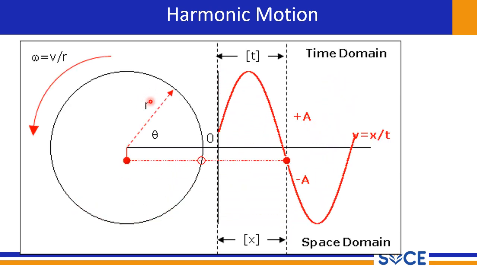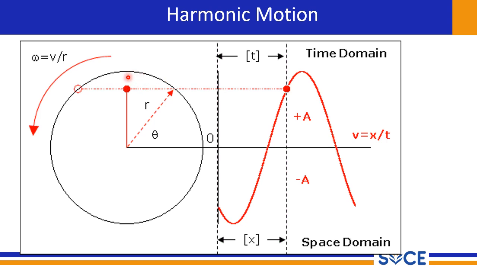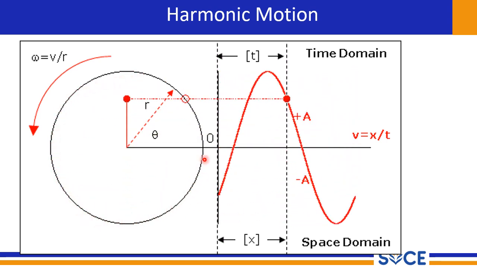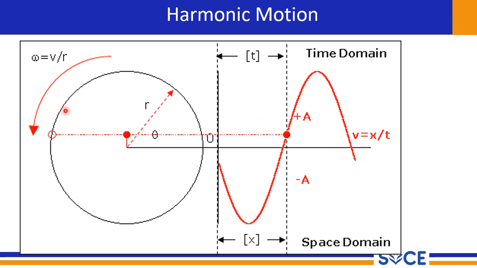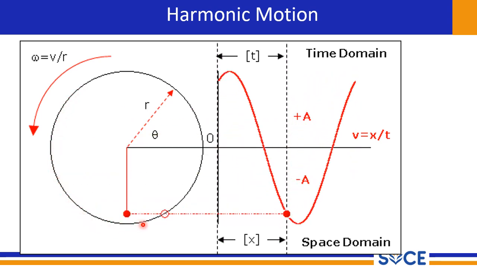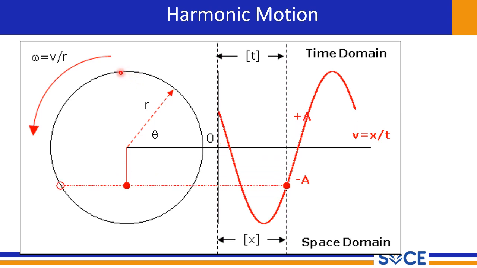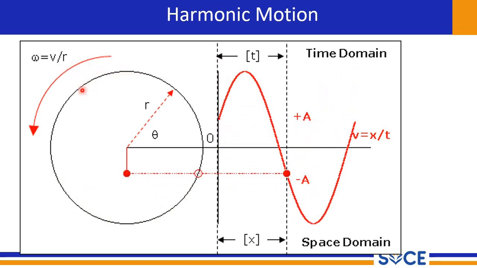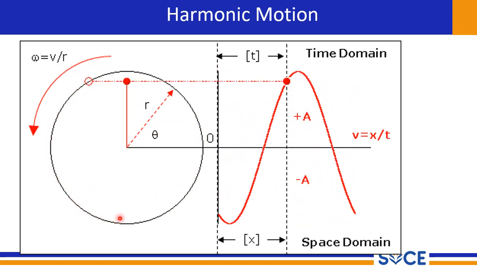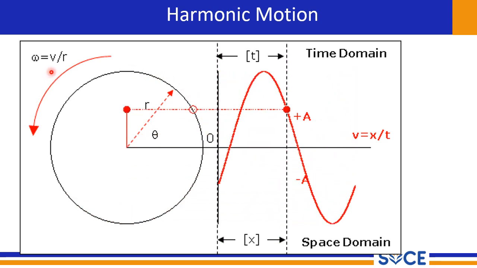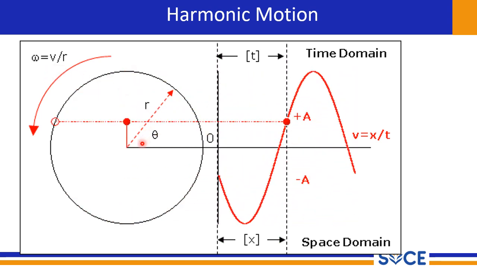Let me explore the harmonic motion. See here, a particle is moving over a circle at a velocity v. When it is rotating in a circle, it is represented in terms of omega, that is velocity divided by the radius of the circle.